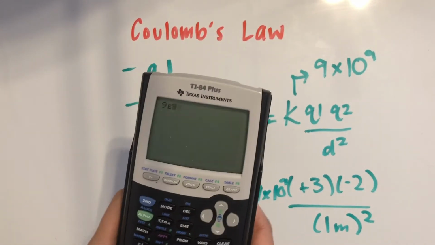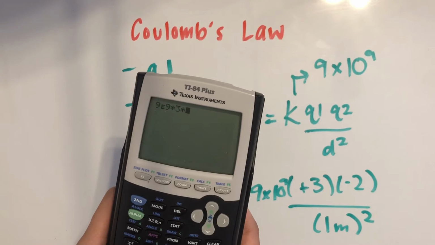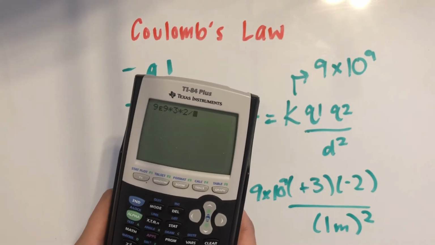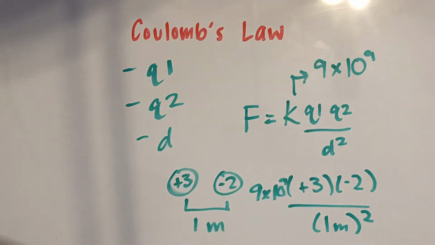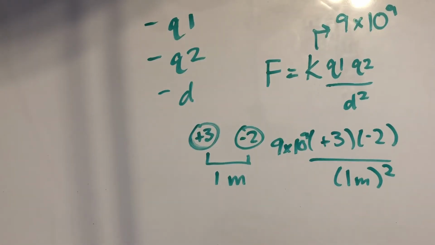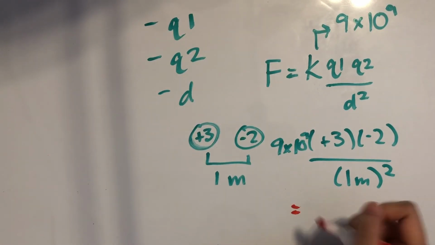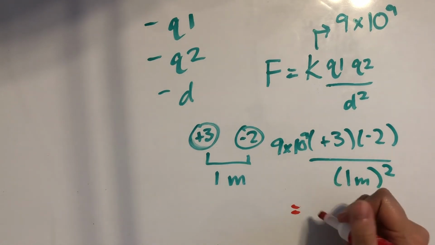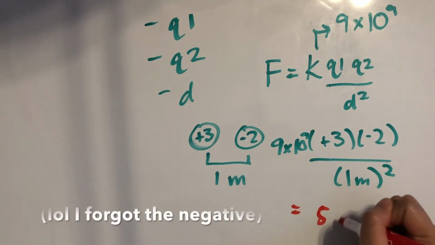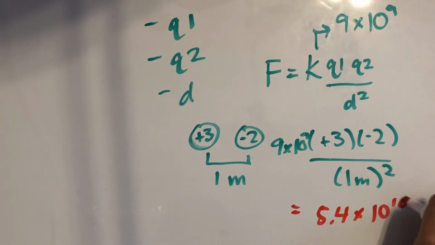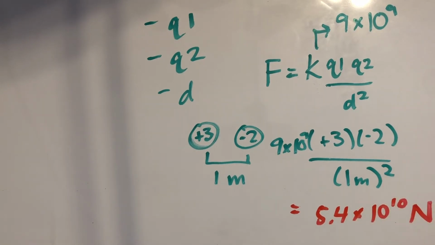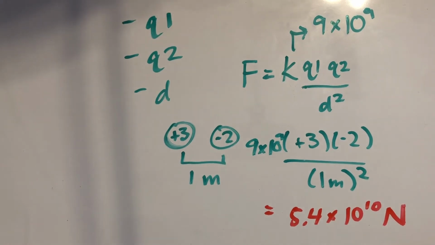So 9 times 10 to the 9th times 3 times 2 over 1 squared, which is just 1, and that gives us 5.4 times 10 to the 10. And don't forget that this is going to be negative because the positive and the negative multiply to make a negative. So negative 5.4 times 10 to the 10th, and that's going to be in newtons because this is a force that we're talking about.